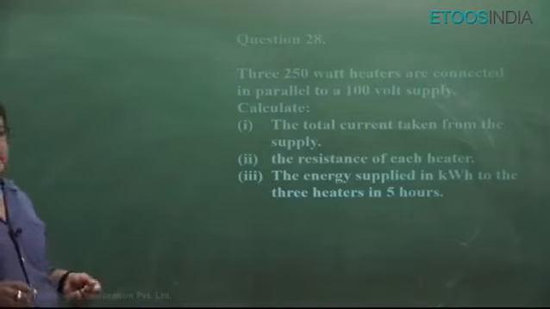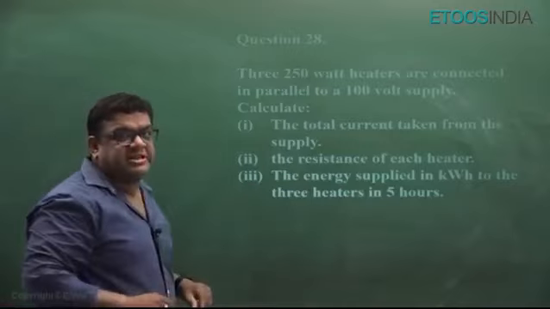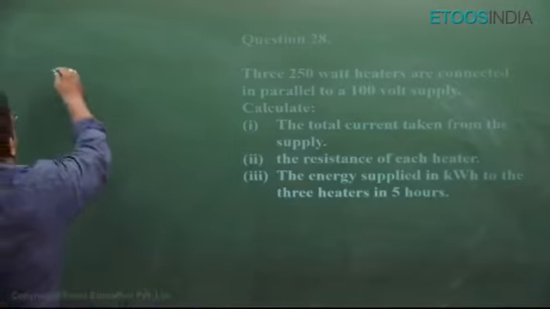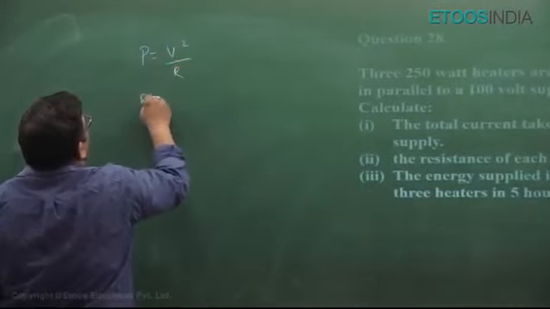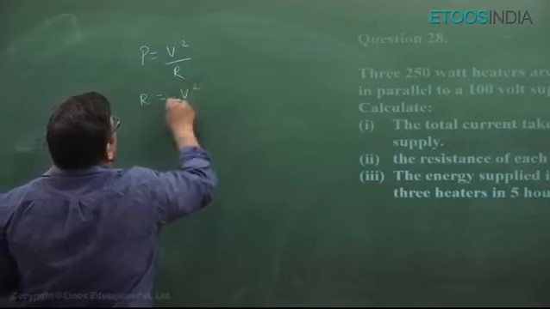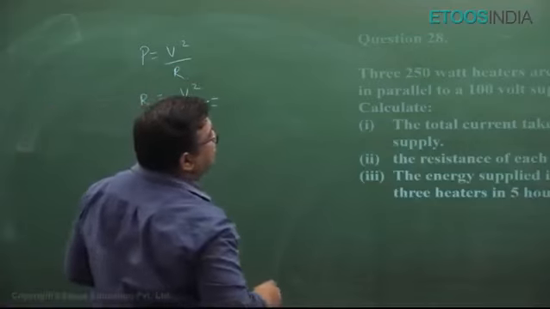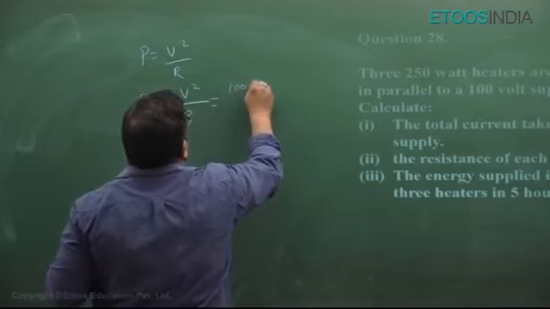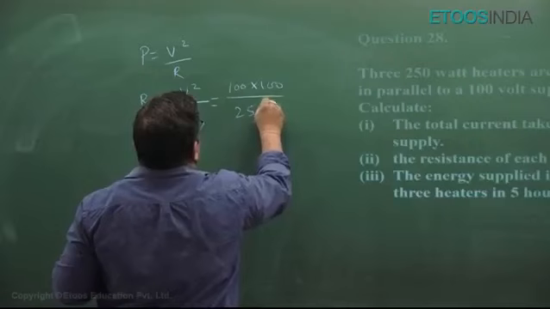So first of all, let's find out the resistance of each. In parallel, we know that power is equal to V square upon R, or R is equal to V square upon P. What is V here? It is 100 into 100, and what is the power? It is 250.